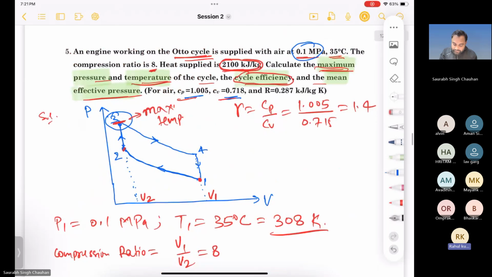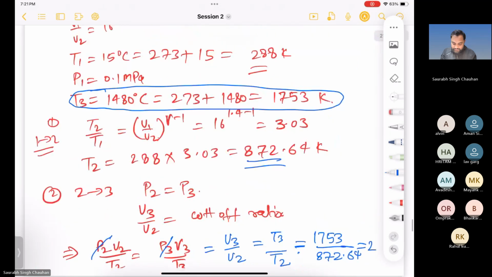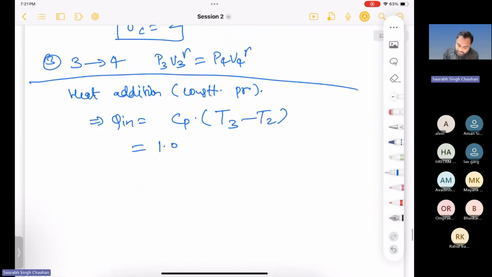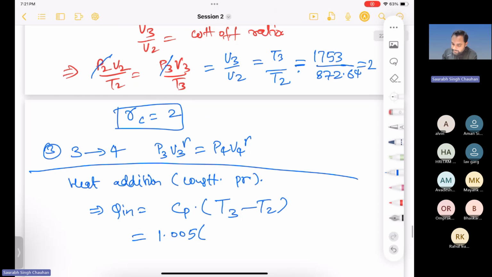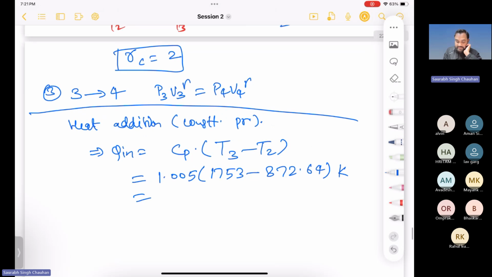Cp for air is 1.005. So 1.005 times T3, which is 1753, minus T2, which is 872.64. The 2-3 process is the heat addition process, constant pressure heat addition.